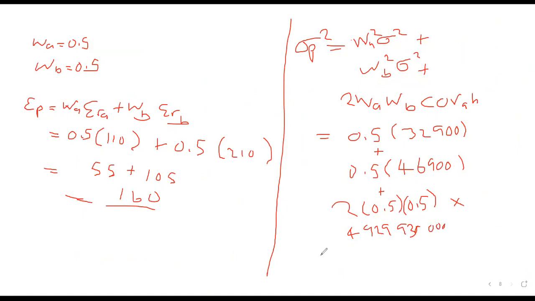So the answer that you get is called the portfolio variance. Then when you square root it, the answer we get is the portfolio standard deviation. So this is basically what you're supposed to do on risk and return.